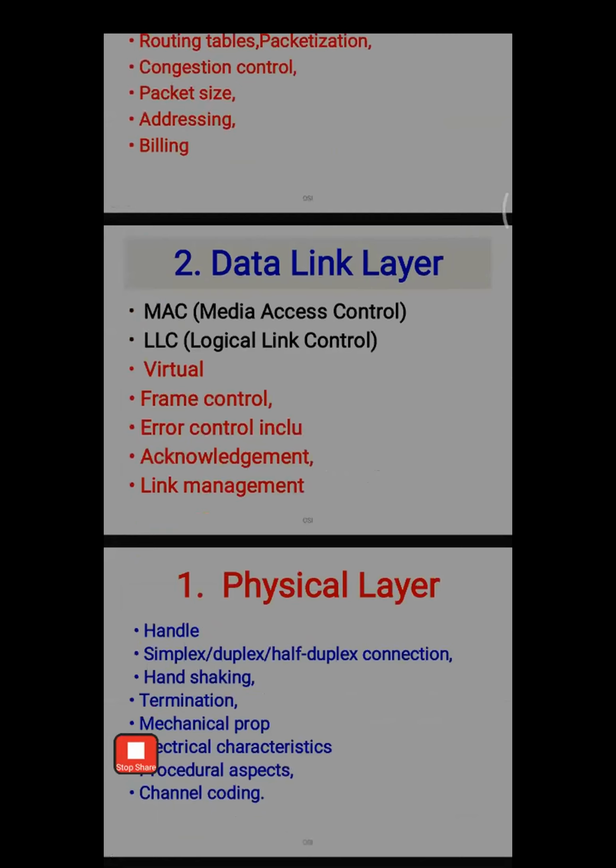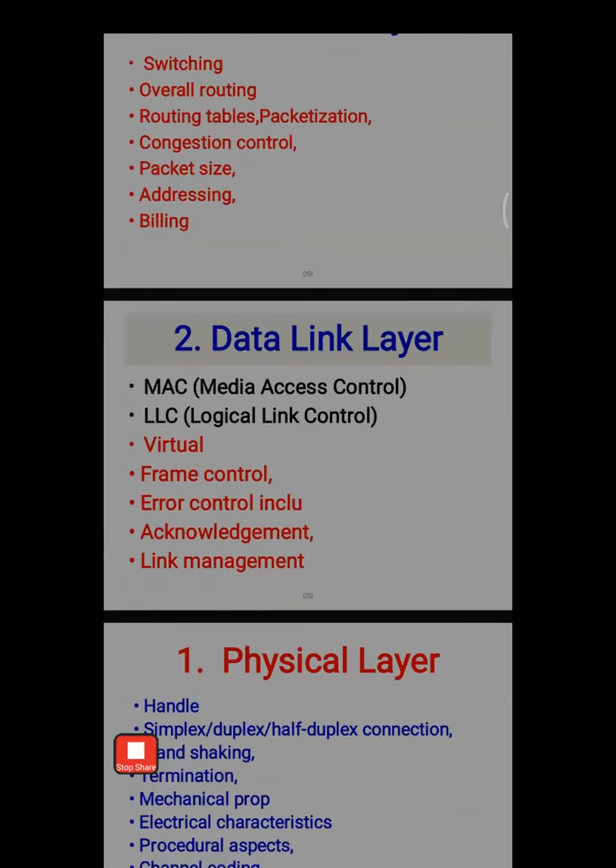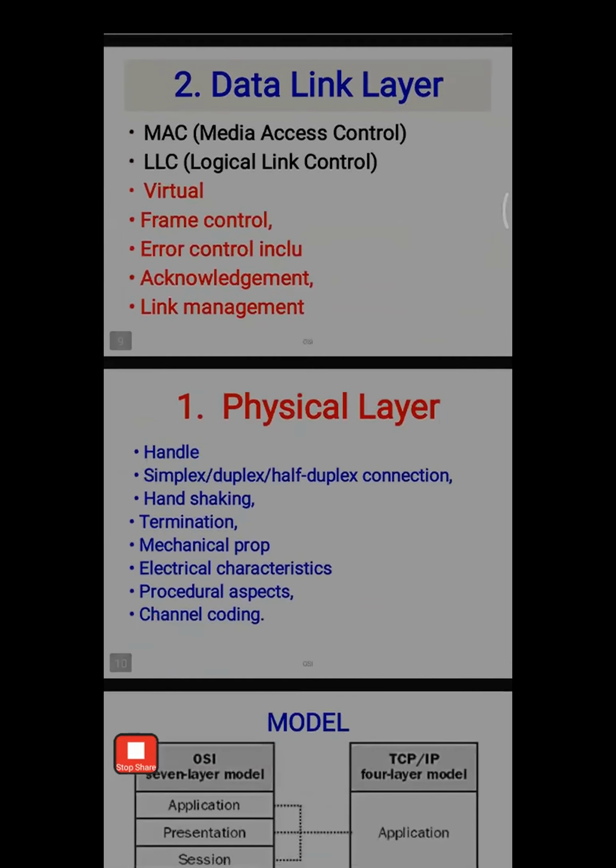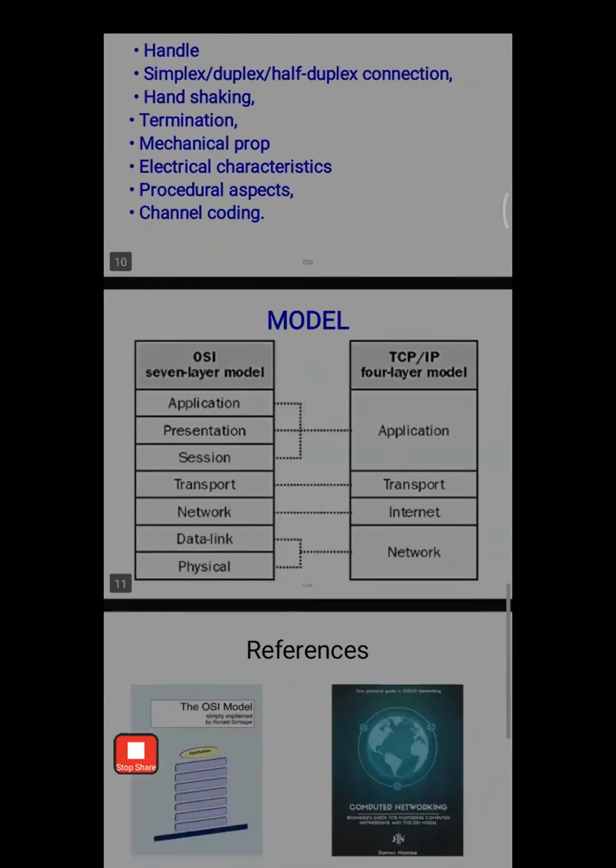The second layer is the data link layer. It has MAC, that is media access control, LLC, that is logical link control, frame control, error control, acknowledgement, and link management. And the first layer, which is the physical layer, handles simplex, handshaking, transmission, mechanical properties, technical characteristics, and channel coding.